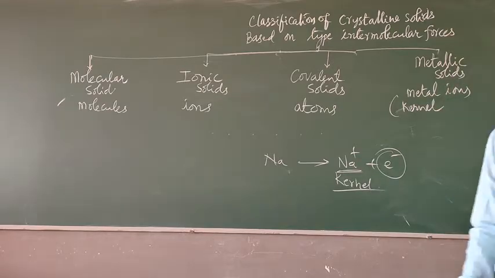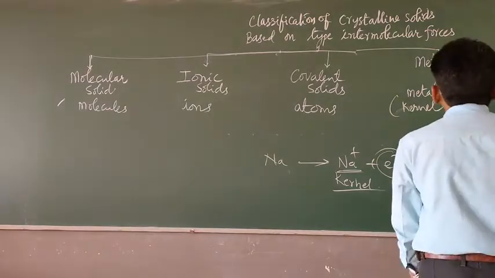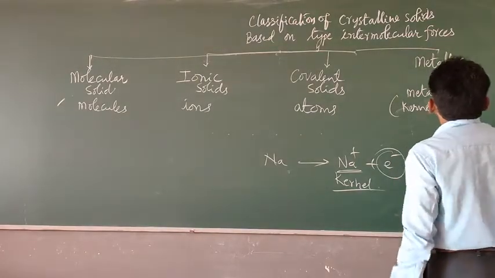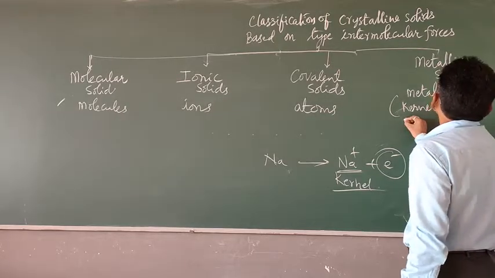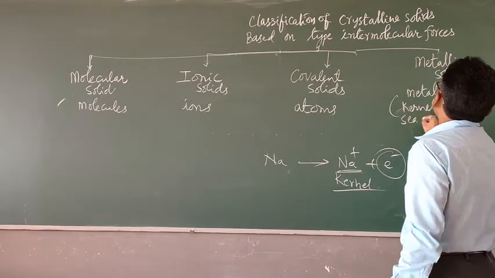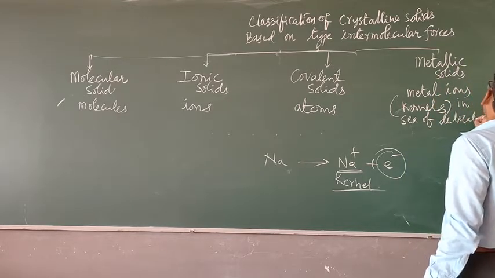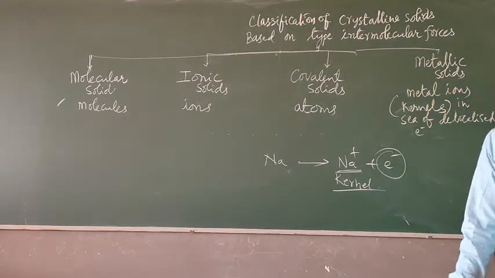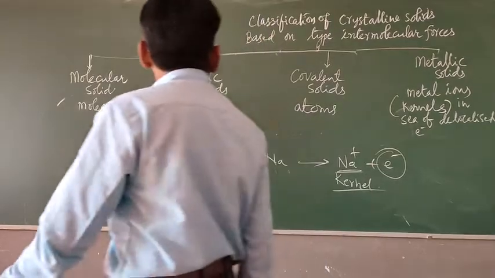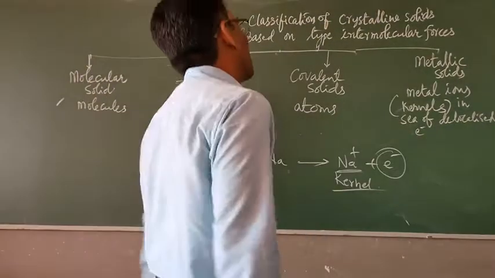The combination of inner electrons and nucleus is called a kernel. Metal ions in a sea of delocalized electrons. So electrons do not have any fixed position in metallic solids. Only metal ions are present at each lattice point.